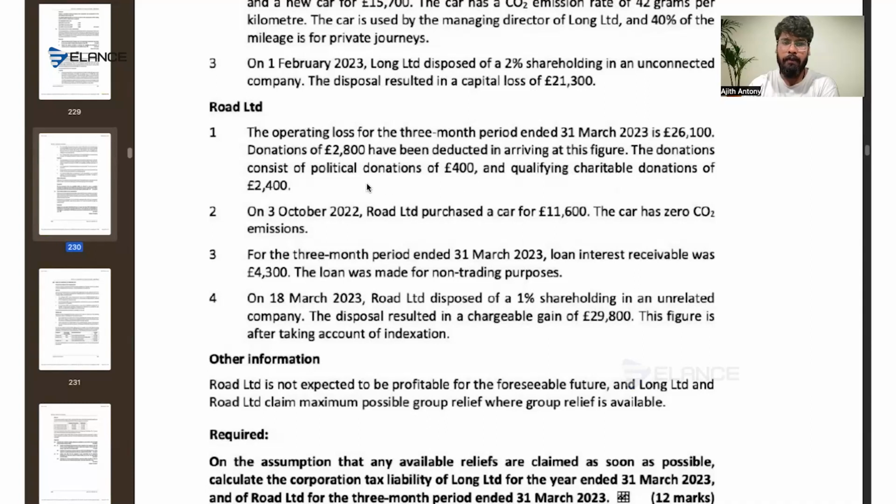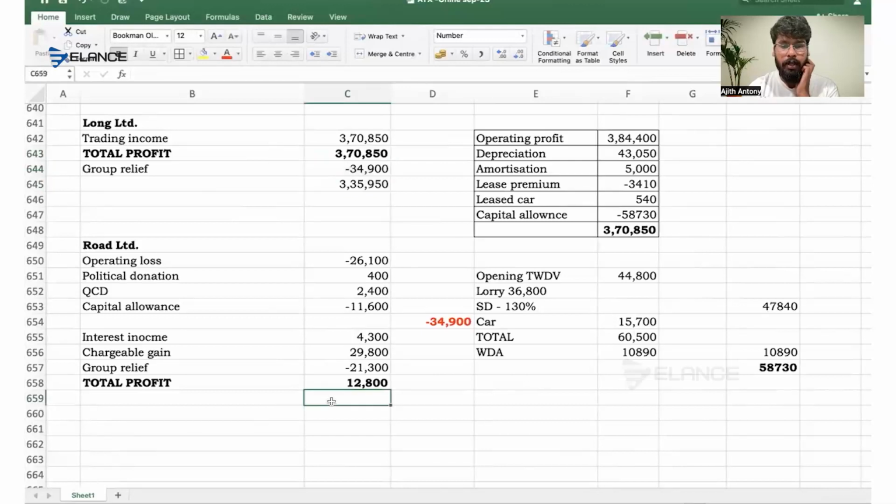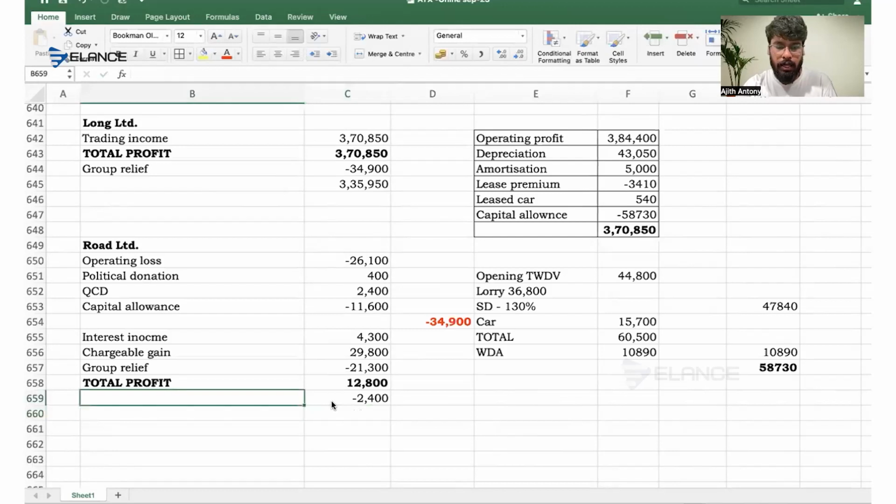Either they can deduct that QCD from Rod Limited's total profit, or they can transfer it to Long Limited. Any of the methods is okay in the example. In our example, we are deducting 2,400 from Rod Limited's total profit itself. Rod Limited's total profit is 12,800. They can deduct the 2,400 QCD.